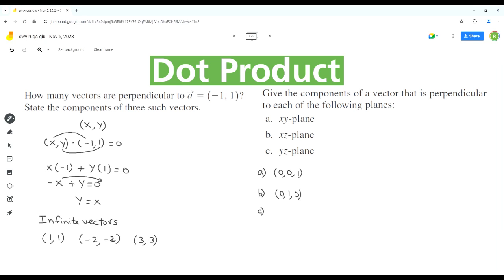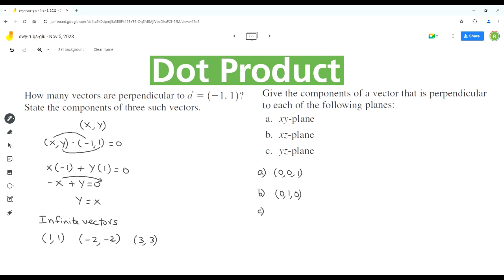Now we can analyze part C, YZ plane. The YZ plane lies along the y and z axis. So x-axis is perpendicular to YZ plane because x-axis is perpendicular to both y and z axis.